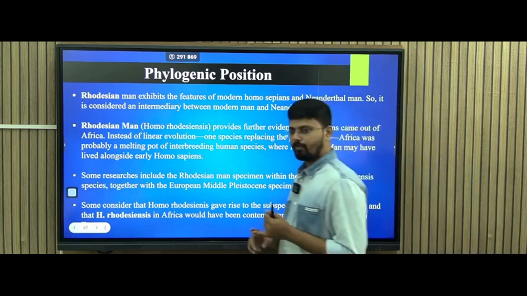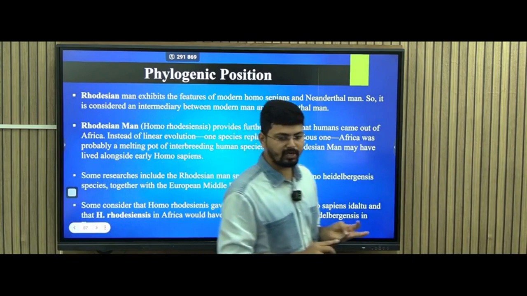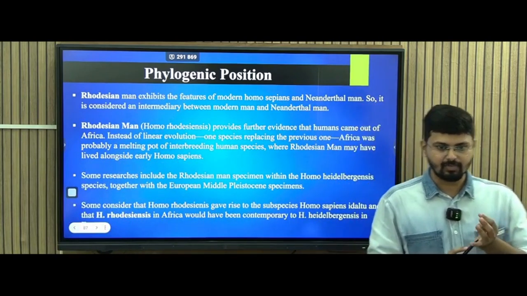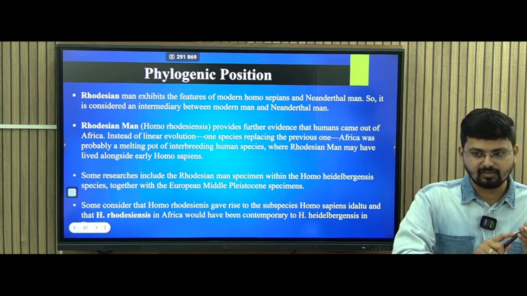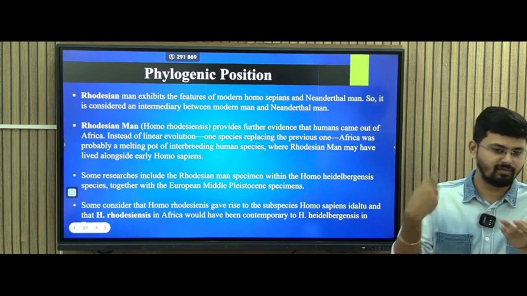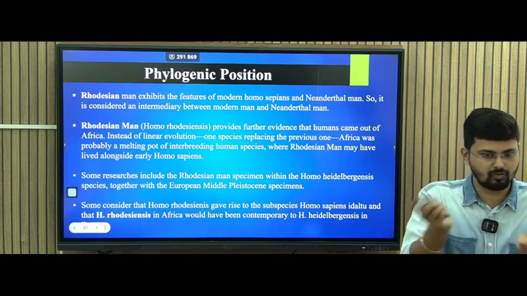We have seen Australopithecus, Homo erectus. Within Homo erectus, we have seen Homo ergaster, then Java man, Pekinensis. Then we have also seen Homo heidelbergensis. Then we have seen Neanderthals, classical and progressive. Then Rhodesian man, which is either to be included under Homo heidelbergensis or kept separate.